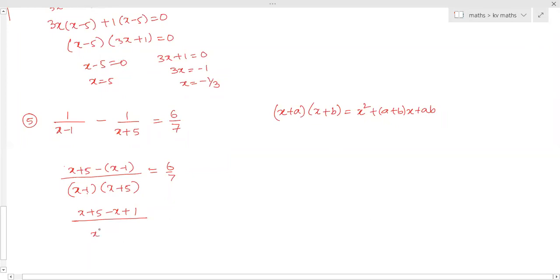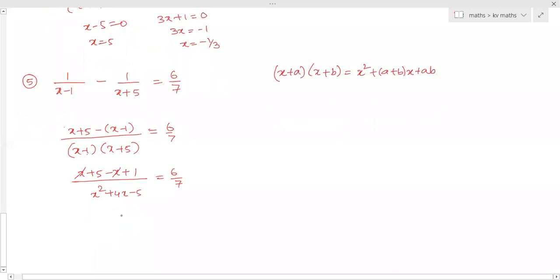The product is x square plus 4x minus 5, equal to 6 by 7. x gets cancelled. 5 plus 1 is 6, divided by x square plus 4x minus 5, equal to 6 by 7. This 6, when it goes to the other side, RHS, becomes a division, so the 6 and 6 get cancelled.